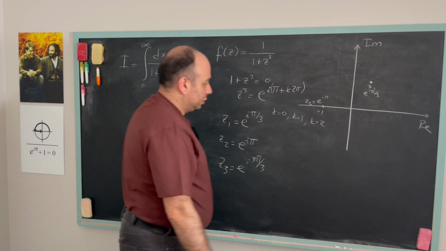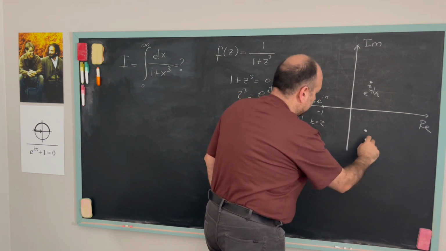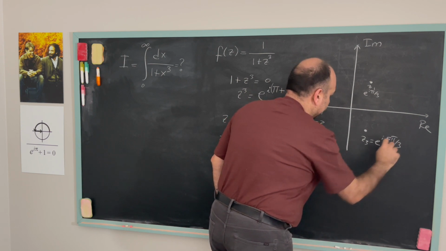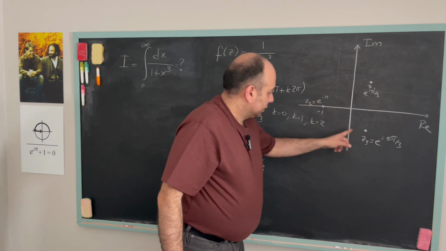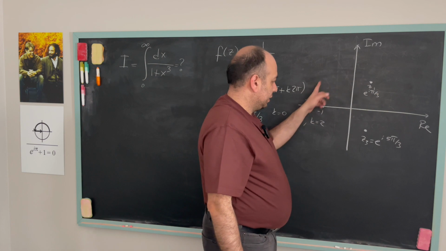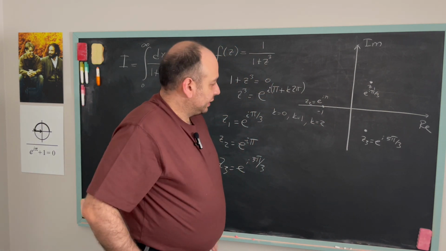The other root will be somewhere here. So z3 is equal to e to the i 5 pi over 3. 5 pi over 3 is nothing but 300 degrees, so it corresponds to a 300 degree rotation.